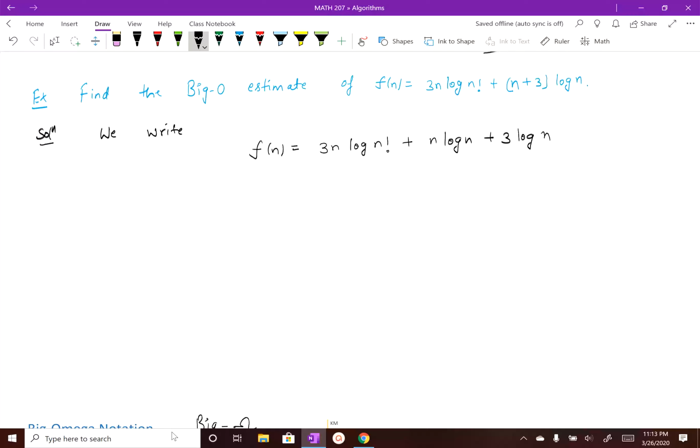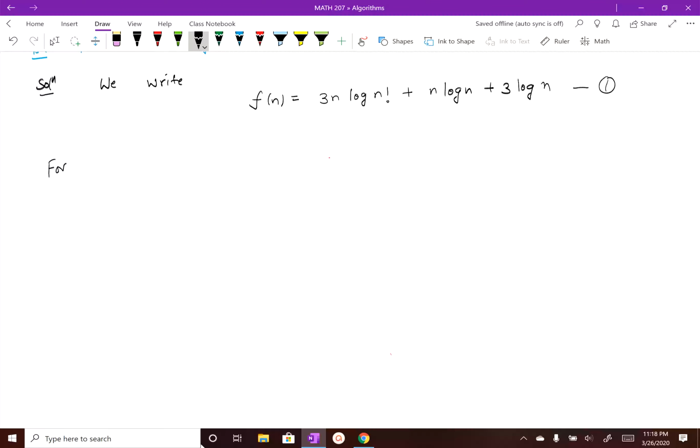So we can use a result which we did in our last lecture, for n greater than 1, n factorial is 1 times 2 times 3 times 4, all the way up to n minus 1 times n, which is less than or equal to n times n times n, all the way up to n times n, less than or equal to n to the power n.